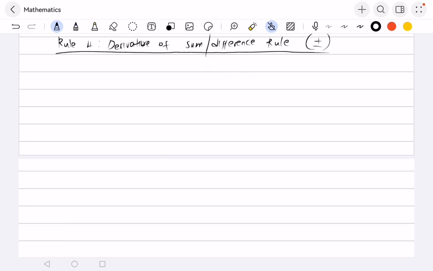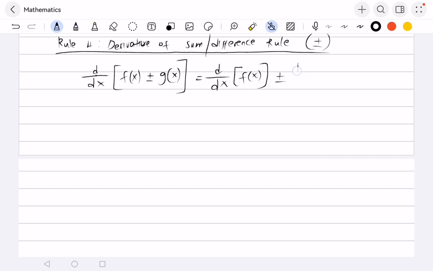The rule states that if you have the derivative of two functions, f of x plus or minus g of x, this is the same as the derivative of f of x plus or minus the derivative of g of x.